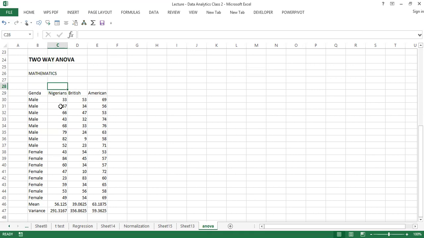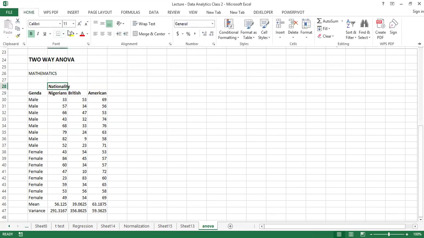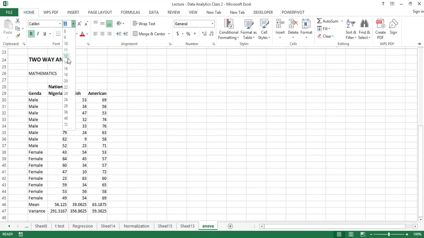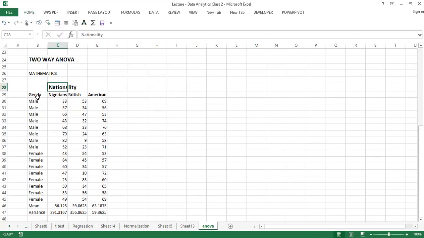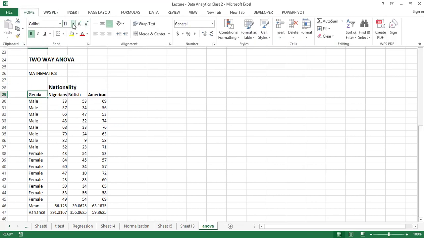Okay, so that's what we are trying to see now. This is nationality. We want to see if the average score is affected by these factors.